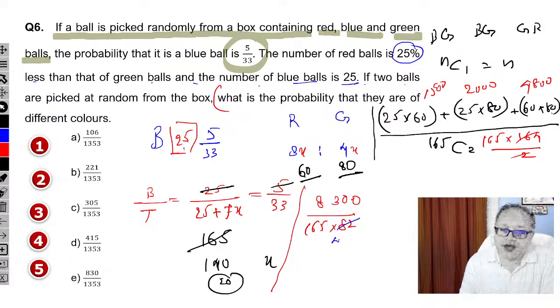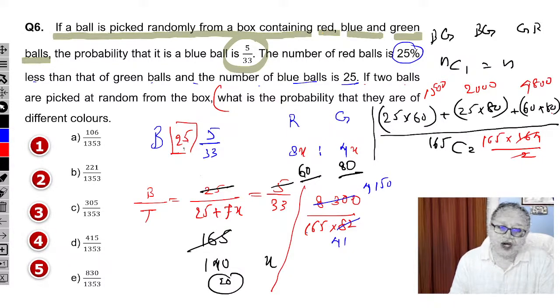Let's take the 41 first. Once you take the 41, is this 82? Yes. And here that's 4150. Further, can I cancel this? No. So I may cancel this by 5. So 5, 3, 15, and 5, 8, 40, 5, 3, 15.